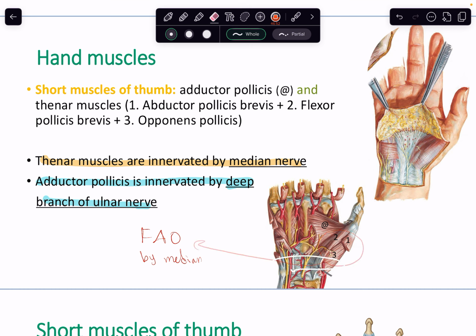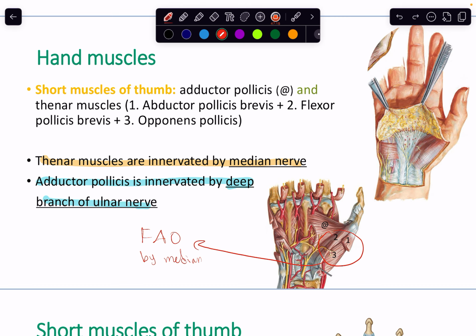So F, A, O. Here there is the thenar, and these are the F, O, A, not in this sequence, but you have to remember flexor pollicis brevis, abductor pollicis brevis, and opponens pollicis. All pollicis, because you are talking about the thenar muscles. One muscle is outside because it is innervated by the ulnar nerve.